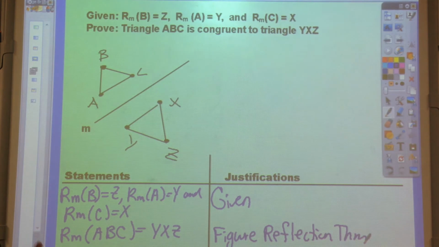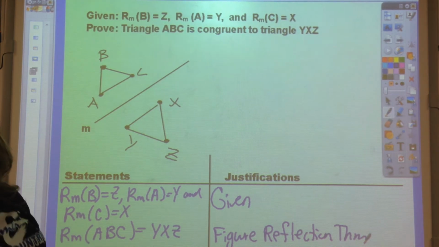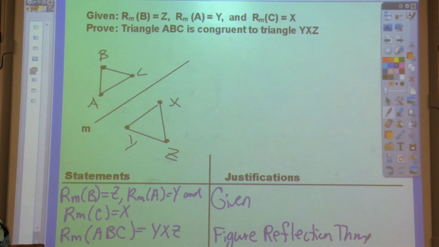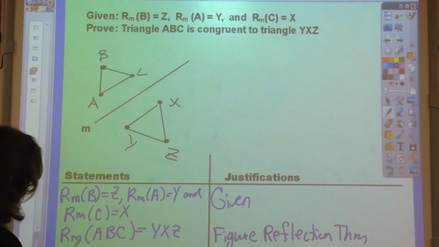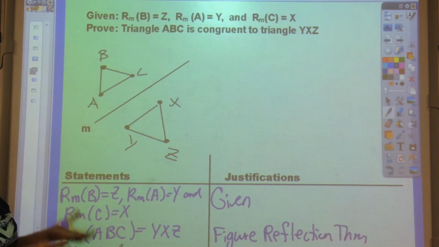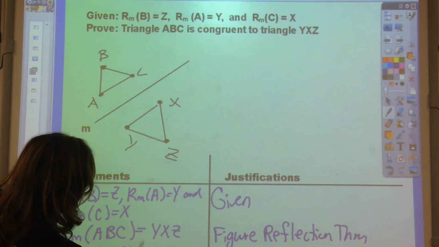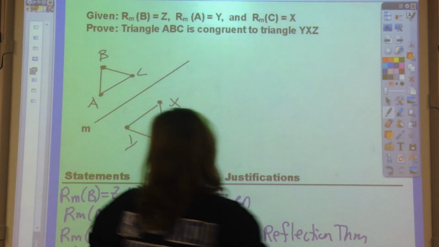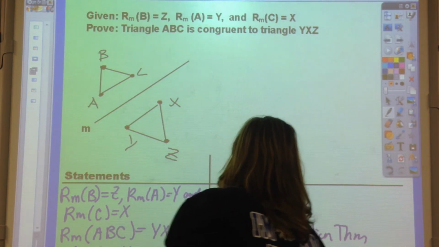How do I know that they're congruent? Do you remember the definition for congruence? I don't have enough time in the video to remind you of the definition of congruence, but I want you to go back and reread it. I think you'll agree with me when you read it.